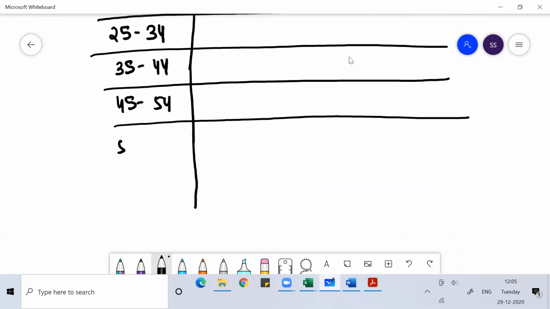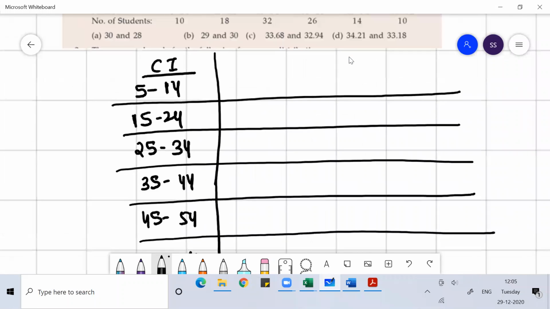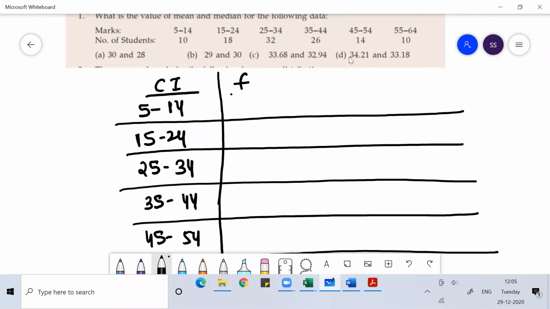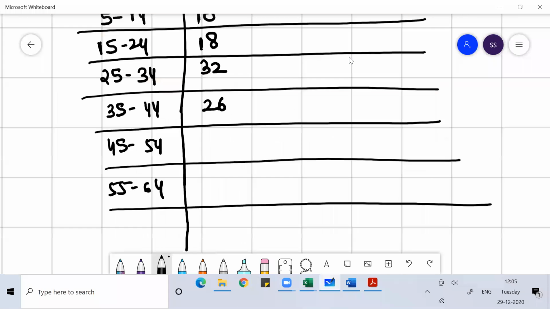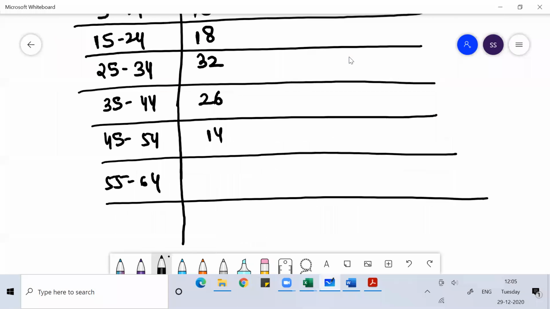And then the frequencies are 10, 18, 32, 26, 14, 10, 14, and then 10.